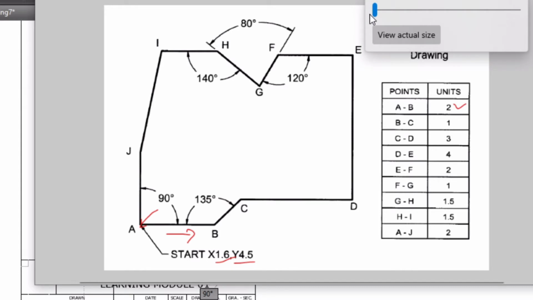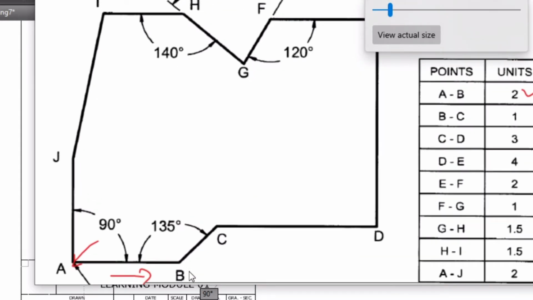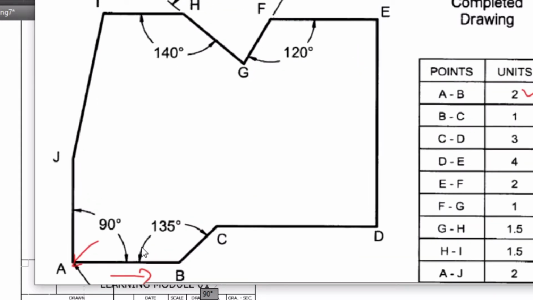So now come back here. This is the place that we're going to introduce angles. So here you can see there is an angle 135 degree. So as a beginner, you have to remember there is a rule that you should follow in AutoCAD. In case you need to put this 135 degree, actually you can do this with another technique, but for now we're going to do the basic way of handling this kind of angles.